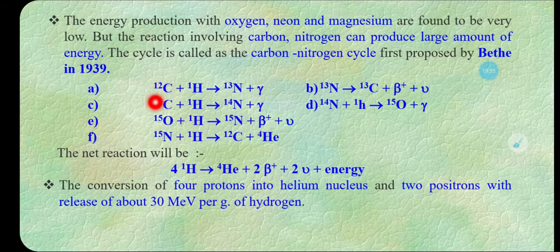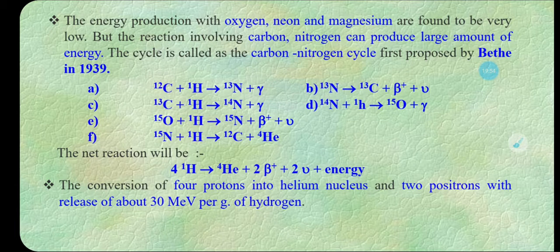So let us see the sequence of the series of reactions. Stable carbon reacts with a proton and gives N13 with a gamma particle.